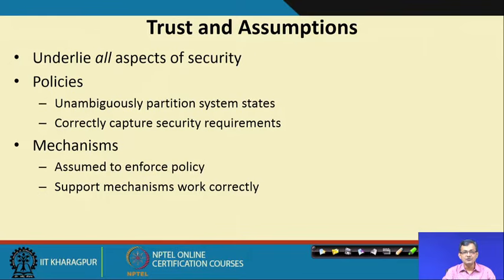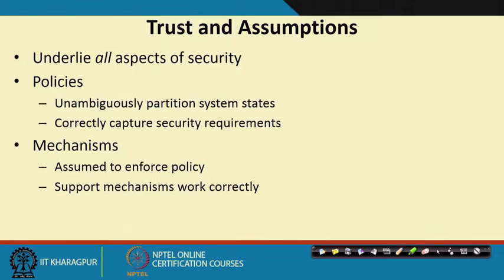So underlying any security, whether it is network security, computer security or any other security, I have some trust in some things, and I also assume that this is the overall environment where things need to work.